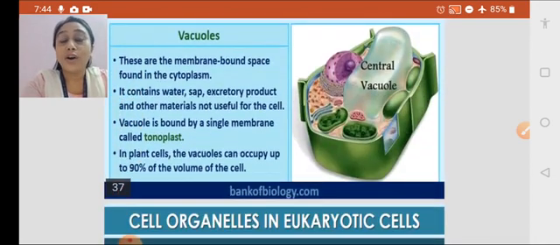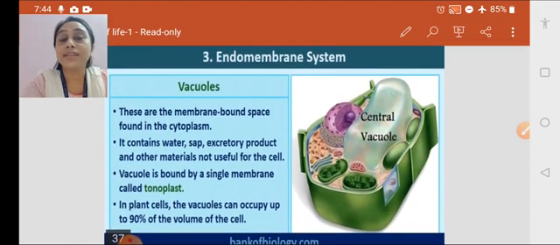Another organelle of the endomembrane system is the vacuoles. Every cell has a vacuole, small or large. Vacuole is also a membrane-bound space found in the cytoplasm. We know that the plant cells have a large vacuole in comparison to the animals. These vacuoles store water, the cell sap in plants, maybe some excretory products and other materials which the cell is not requiring much.